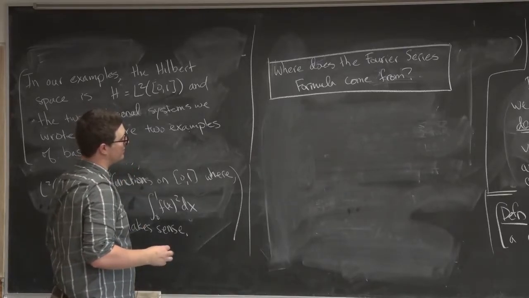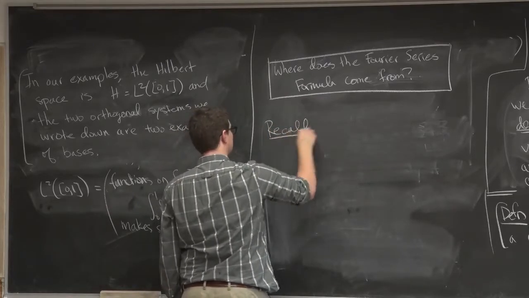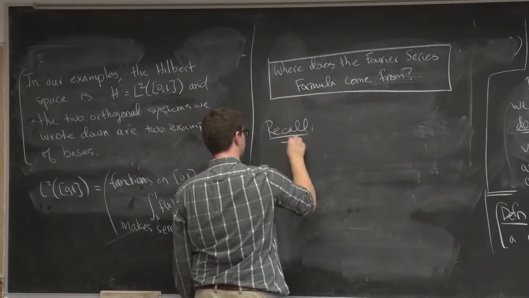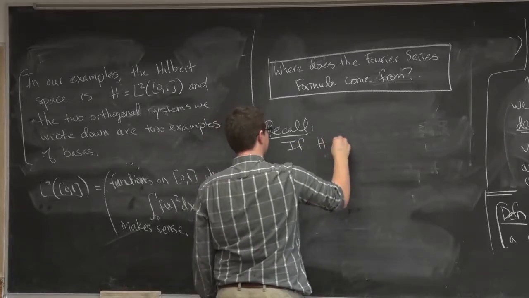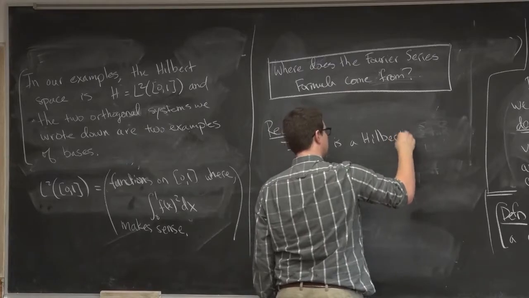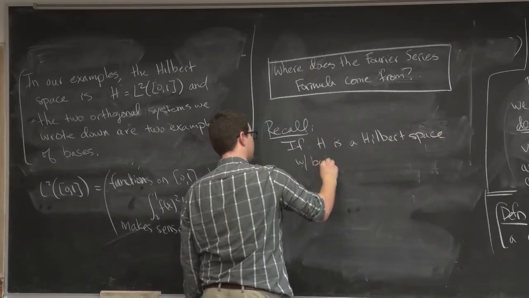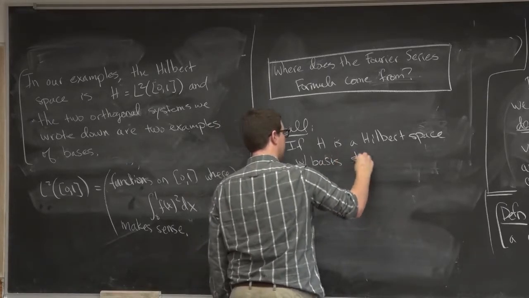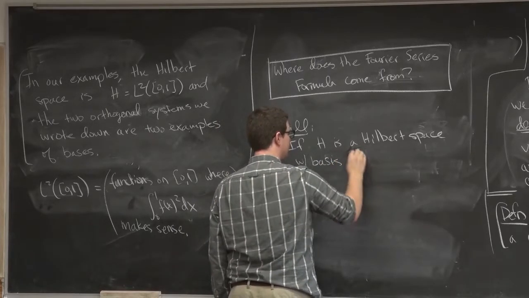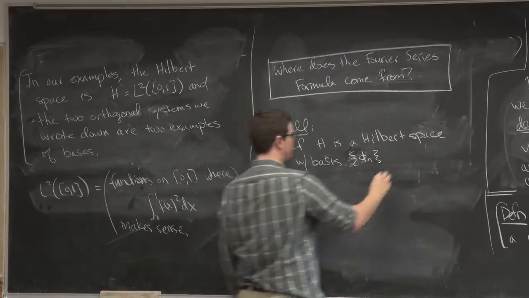We're going to derive the formula. So recall that if H is a Hilbert space with basis phi n, like this, now I can say, oh, this makes sense.